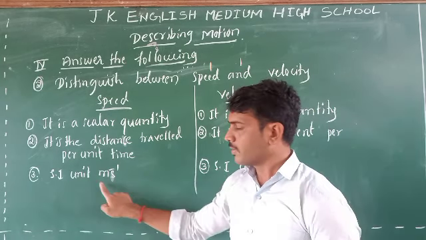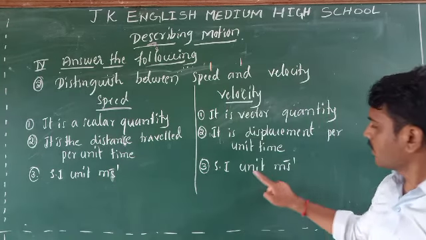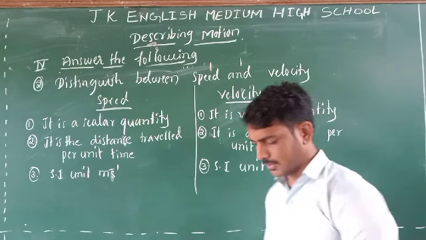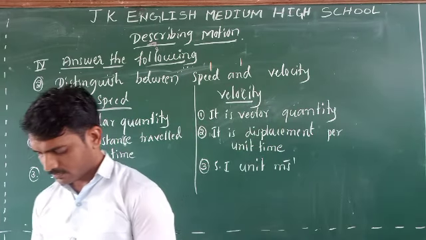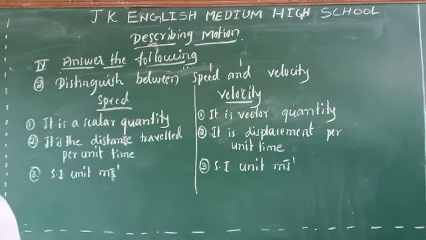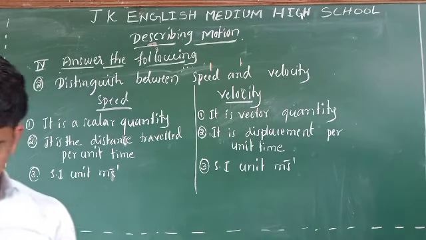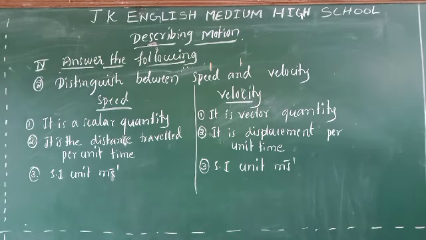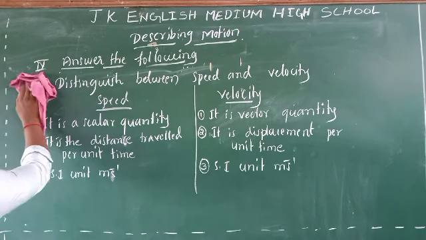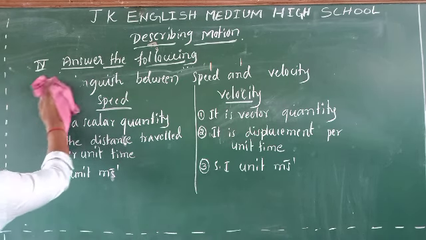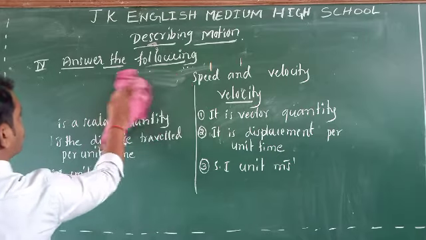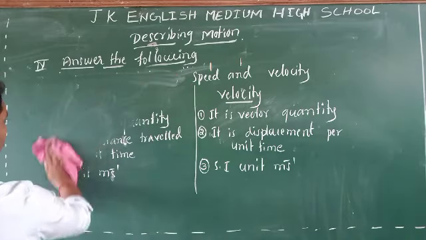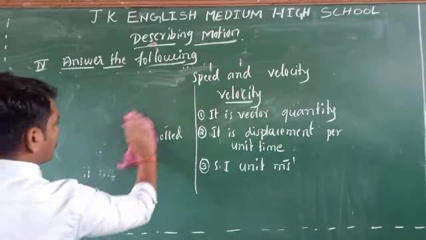Next, SI unit is meter per second. Okay, shall we go for question number 3? This is question number 2 and this is the answer. So now I will go to question number 3. If you want to write the answers, just pause the video and write the answer.